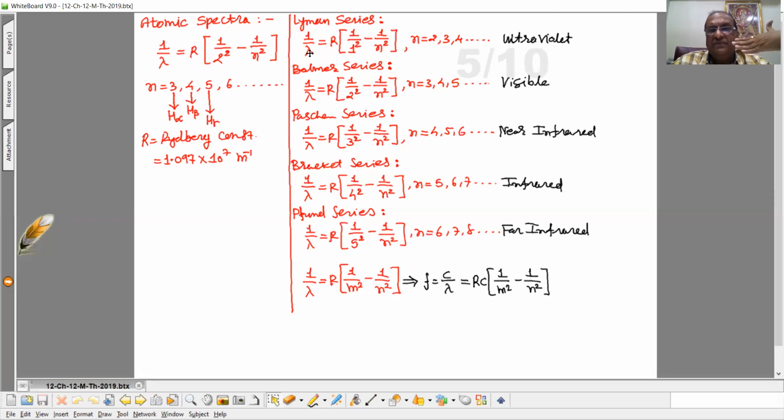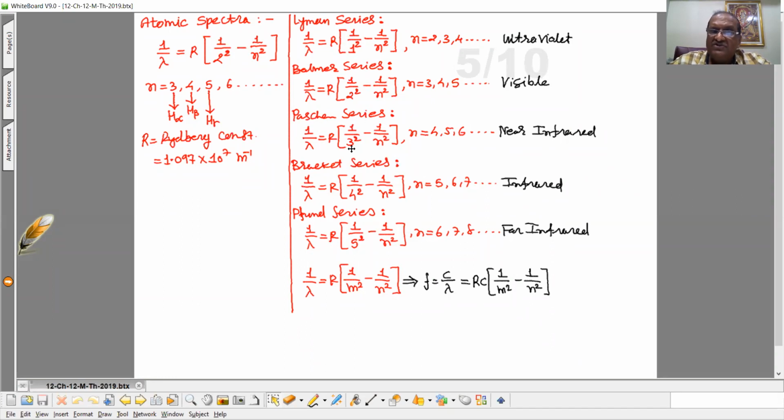Then after, different scientists obtained different spectral series. Balmer we already discussed. Next is the Paschen series. For the Paschen series, all the wavelengths obtained in that spectral series can be calculated with the help of the common equation 1 upon lambda equal to R into 1 upon 3 square minus 1 upon n square, where n equal to 4, 5, 6, 7 and so on.